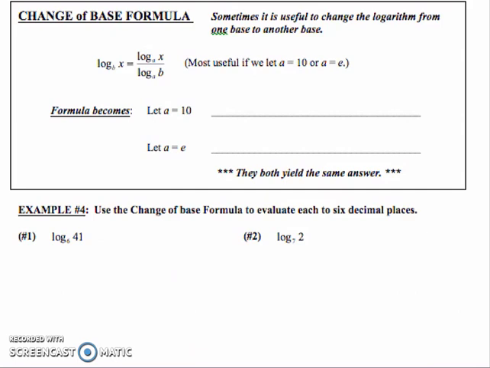So if we want to let our base become 10, notice that the base goes on the bottom, okay? The x goes on the top. So if we let our new base become 10, then this is just going to become log of x over log of b. If we let our base become e, then this formula just becomes ln x over ln b.